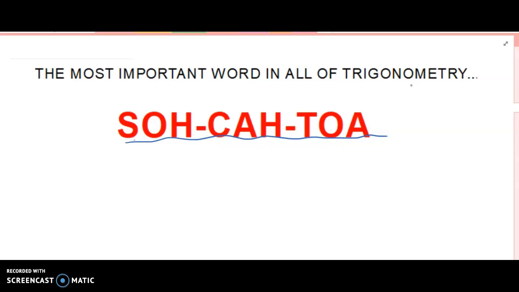And the best way to get to know it is just to say it over and over and over. All right, so what this acronym stands for, if I take the first of all these, my S, my C, and my T, these stand for my sine, my cosine, and my tangent.